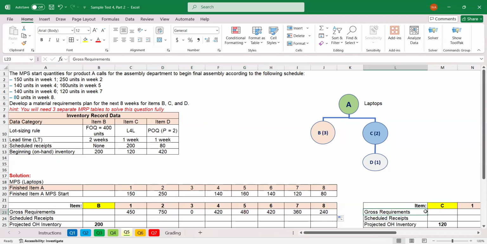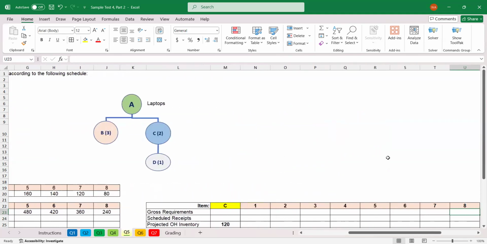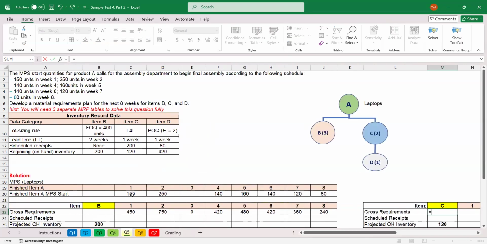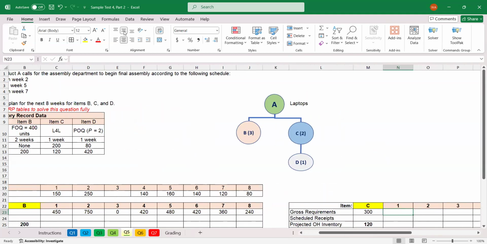All right. Now let's look at the gross requirements for C, because C is also on the same level with B. And for every 1 laptop, you need 2 parts of C. So here I'm going to say that C requires, for week 1, 150 multiplied by 2. Always reference that diagram you're seeing there, because it's going to tell you the number of parts that are needed. If you miss that, you miss a critical part of this question. So we need 300 parts of C in week 1.